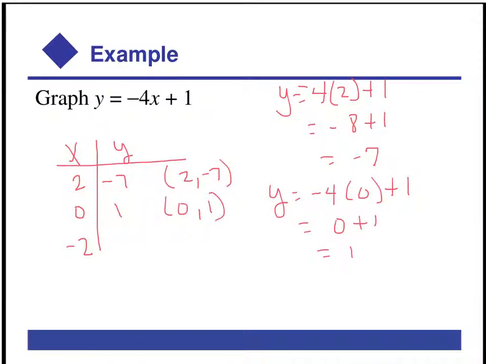There are some tricks you'll learn if you deal with fractions, because you want x to be a multiple of the denominator to make it clear up a little bit. So we get +8 plus 1 equals 9. So here's our ordered pair, so we're going to go plot them.